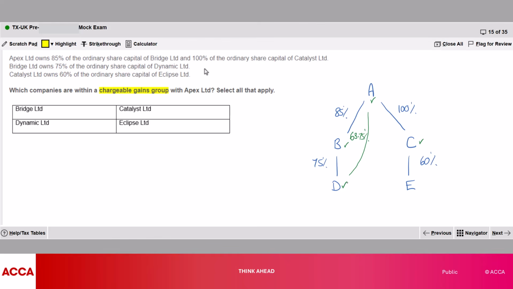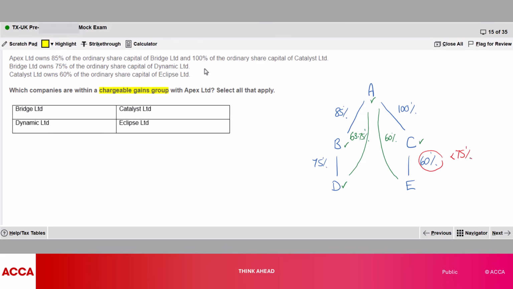On the other side, it looks like we can include E as well. A's indirect share in E is 100% times 60%, which is of course 60%, and that is greater than 50%. However, the direct link between C and E is less than 75%.